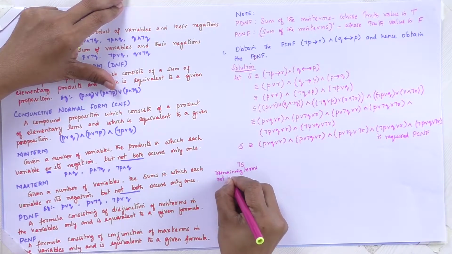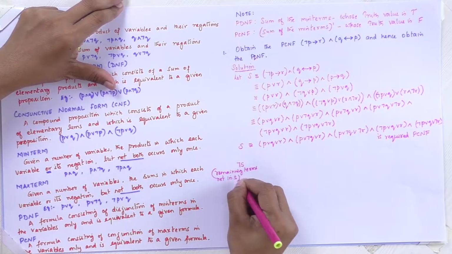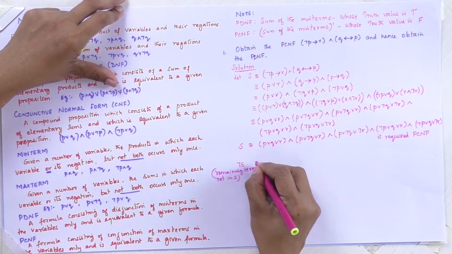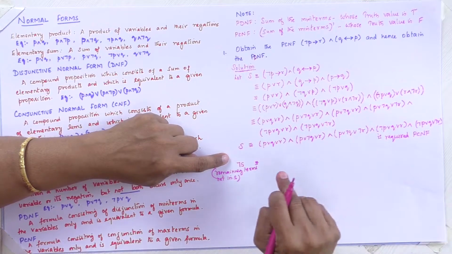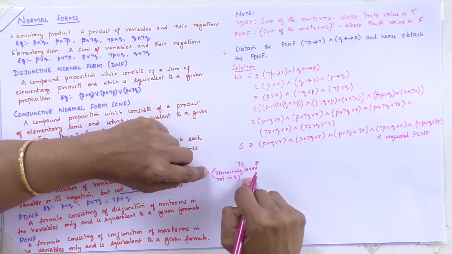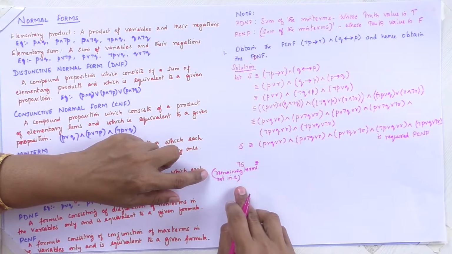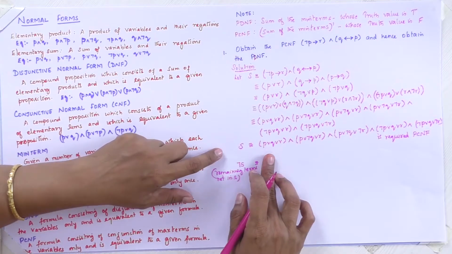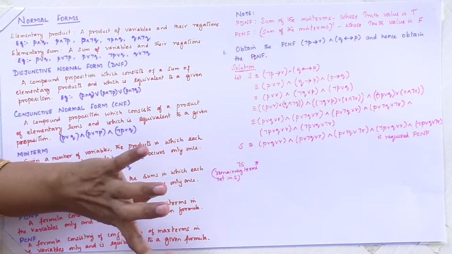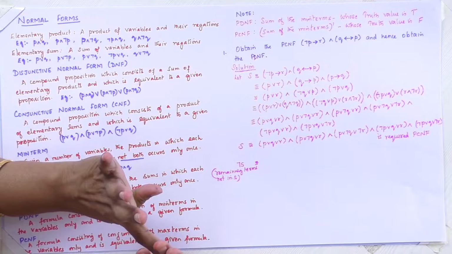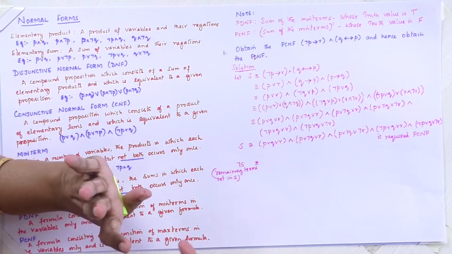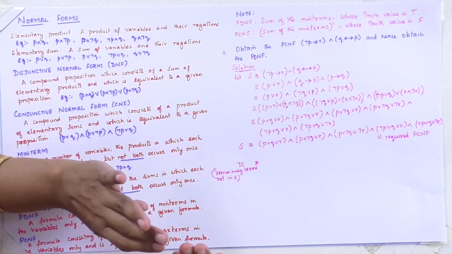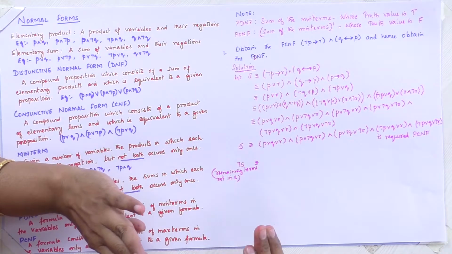So, this not S represents the remaining terms not in S. It doesn't mean that I have to take the negation of the entire statement. It represents the remaining terms that do not appear in my S. If I have 3 variables while constructing the truth table, how many rows will I have? Yesterday we have seen it: you should have 2 power n rows.